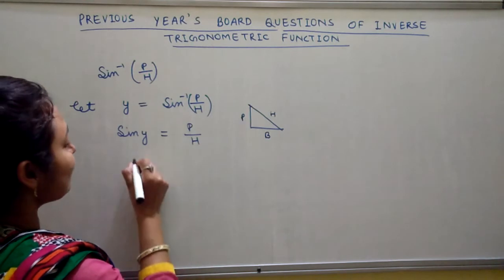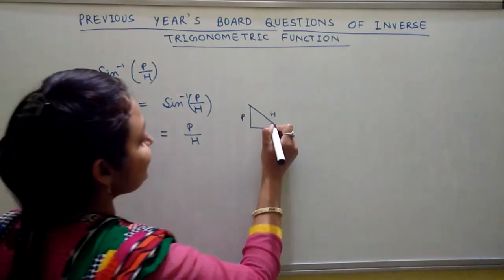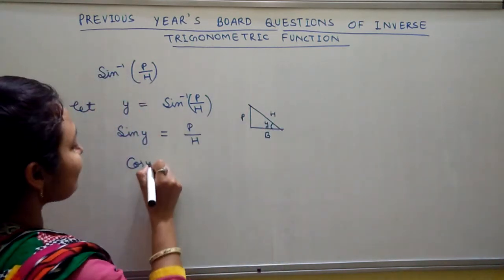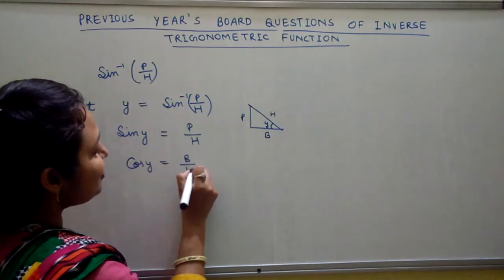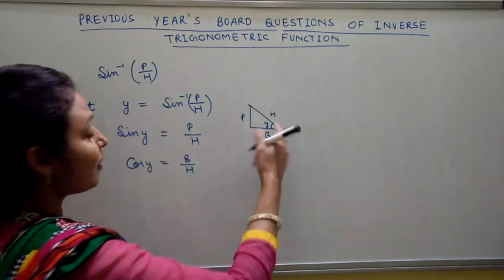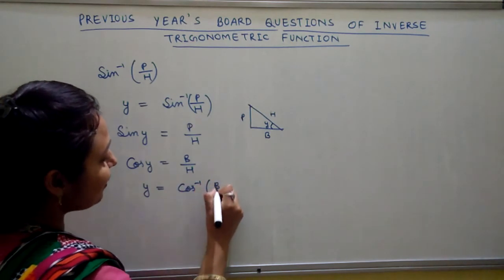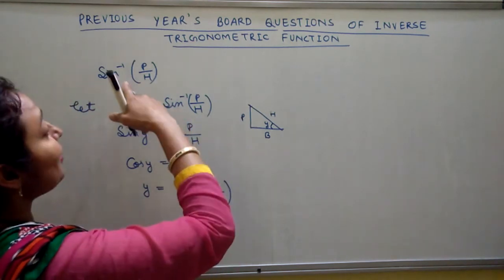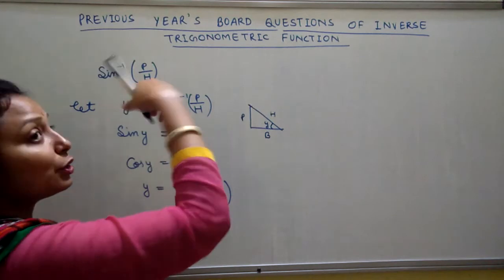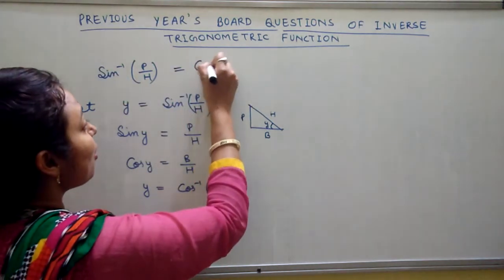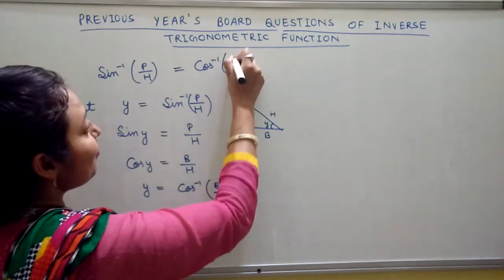If I want to find cos y, this is angle y. Cos y is equal to b upon h, base upon hypotenuse, that means y equals cos inverse b upon h. That means if I want to change sine into cos, we will write cos inverse b upon h.